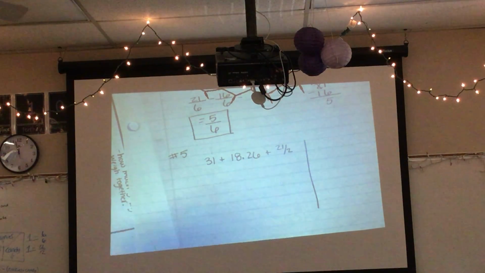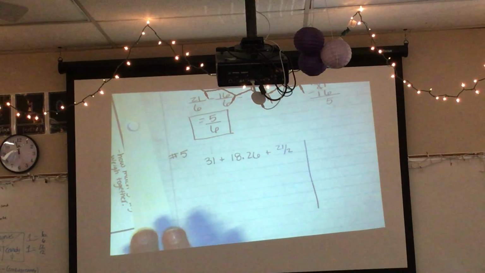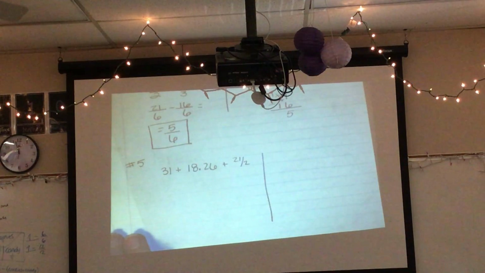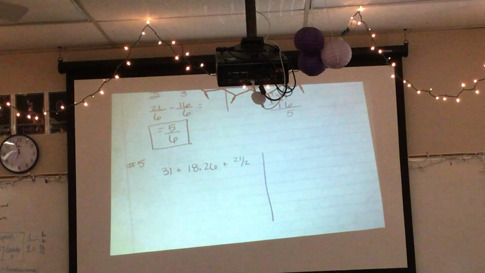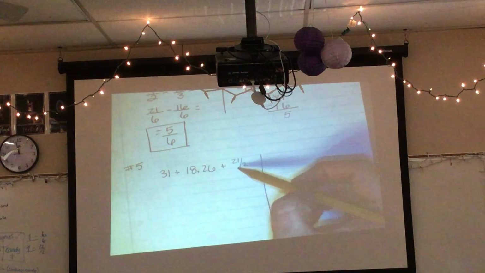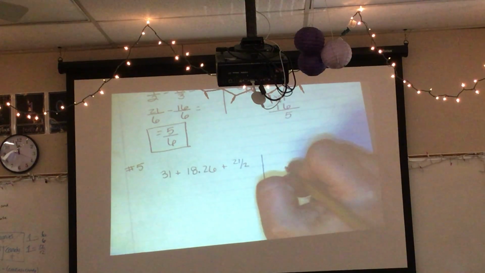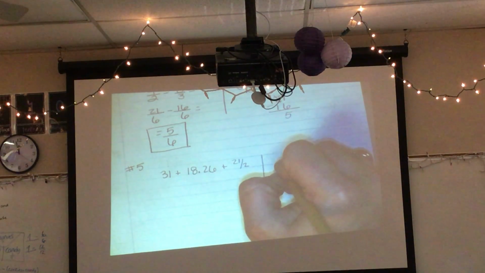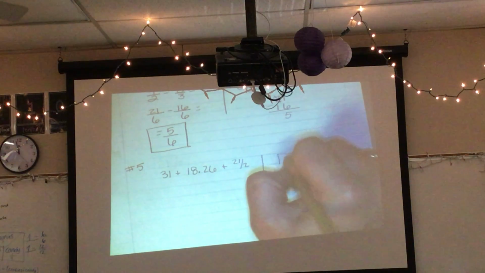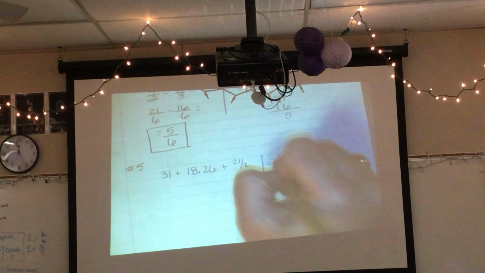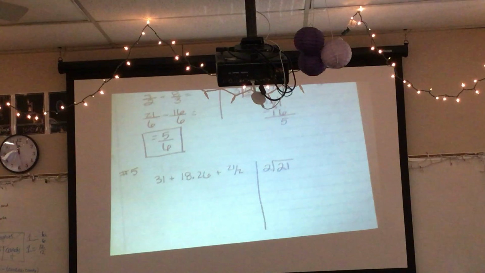Riley, what am I going to do? You have to divide it. I have to divide. What does this line right here really mean? Divide. So it literally says 21 divided by 2. So I have to make sure when I set my problem up, it still says 21 divided by 2. Is that correct? Yes. All right.